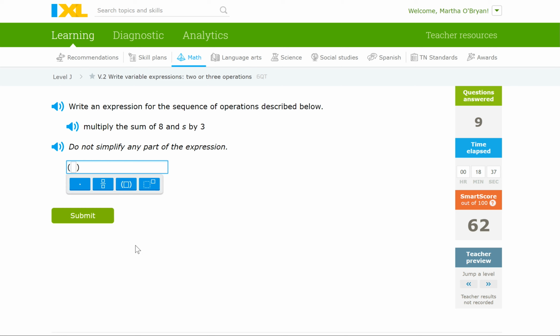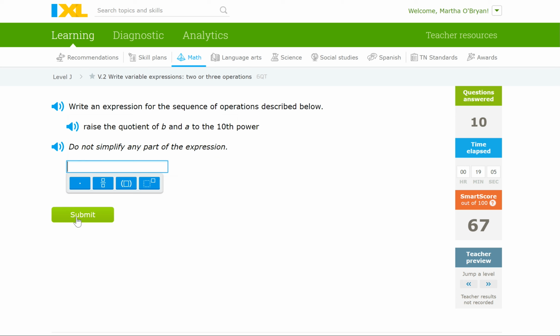Let's just start with the sum of 8 and s. 8 plus s, and then we'll multiply that by 3. I could also write 3 in front of the parentheses and have it just say 3 parentheses 8 plus s. That implies multiplication, and that would also be correct. You can write it either way.